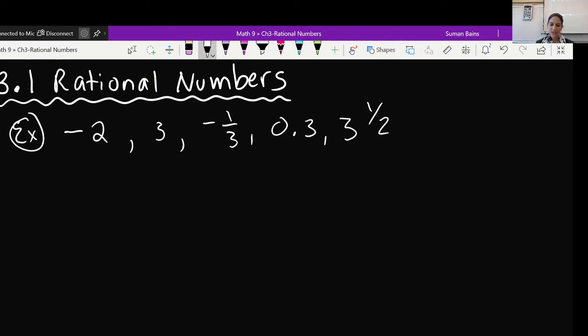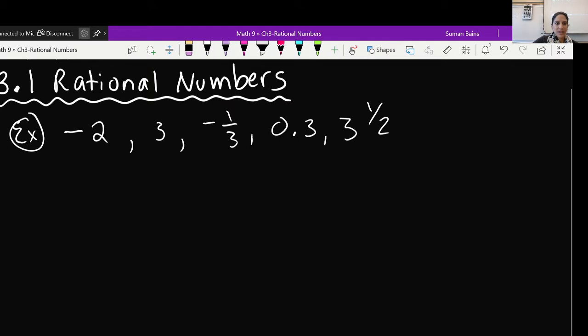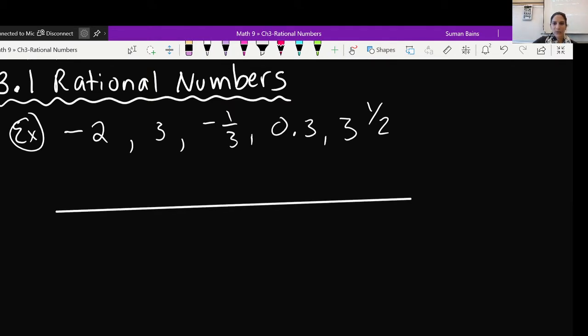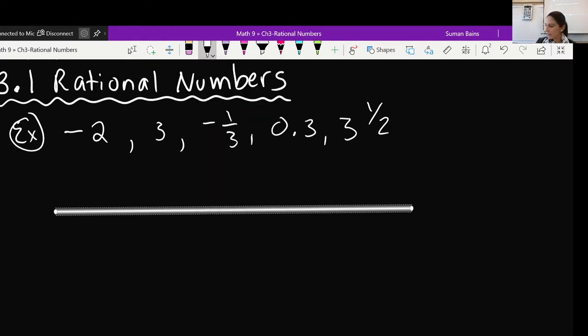Like they're given to you in a slightly different form. So if we have a number line here, we want to basically place these on there. I'm going to give you a minute. Can you please make your own number line and place those where they would be in comparison to each other?